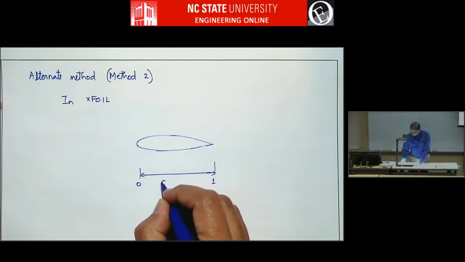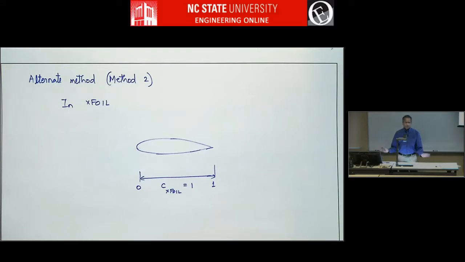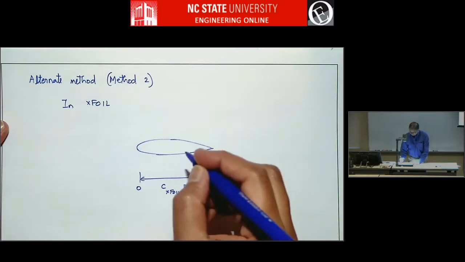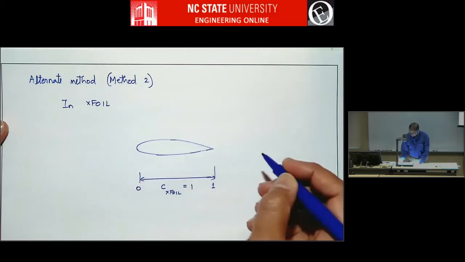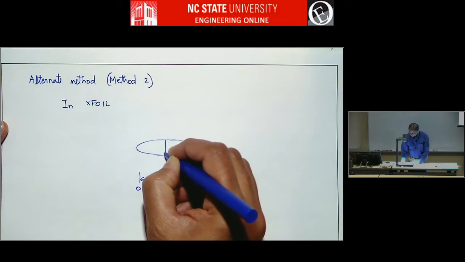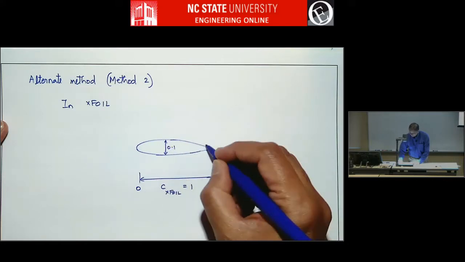So chord C in X-foil equals 1. That's how we did the previous time too, right? Chord inside X-foil, chord is 1, and T over C max is 0.1. So this is a 10% airfoil.